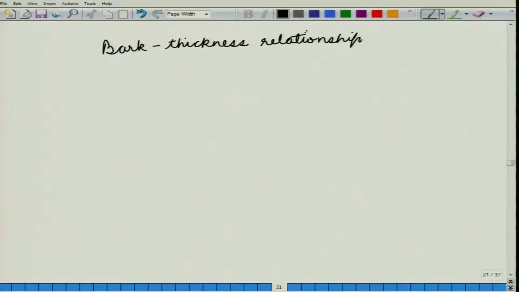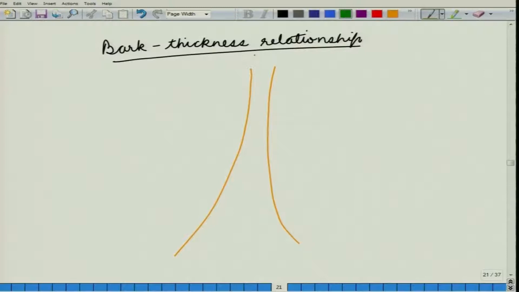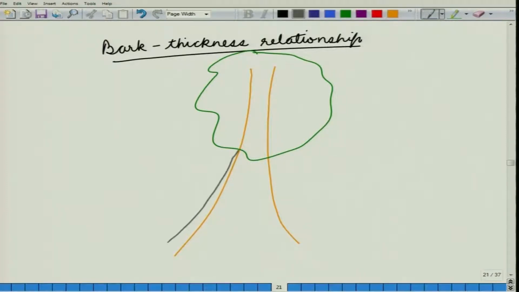Bark thickness relationship. What we mean by a bark thickness relationship is, consider a tree. Now, this tree has bark. So, does the amount of bark decrease as we go up?